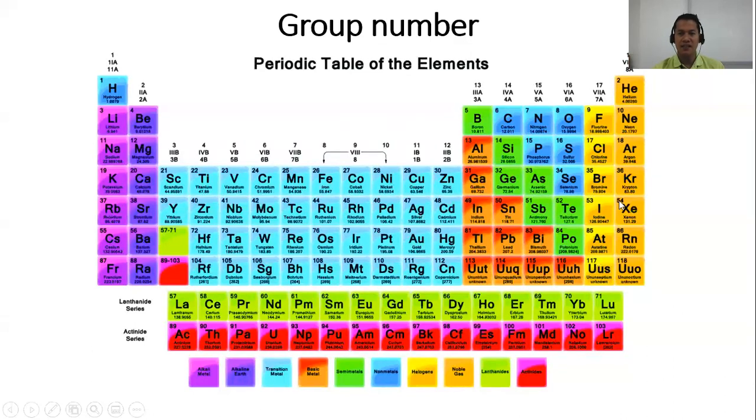So they have 8, and helium has 2, so it's full. Neon, argon, krypton, xenon, radon, and this one, I don't know what this is. They are full. That means their octet, their valence electrons, are full. And this group number actually is the one that we are going to talk about today.